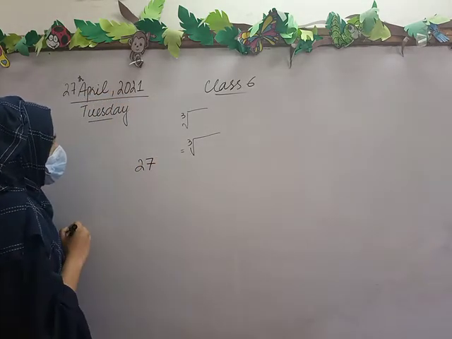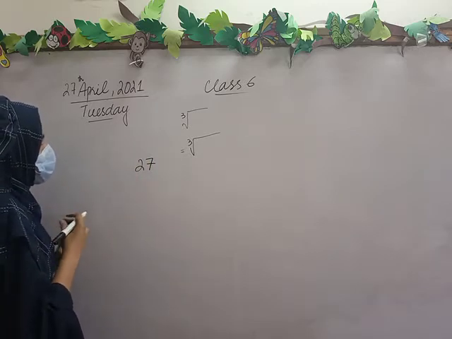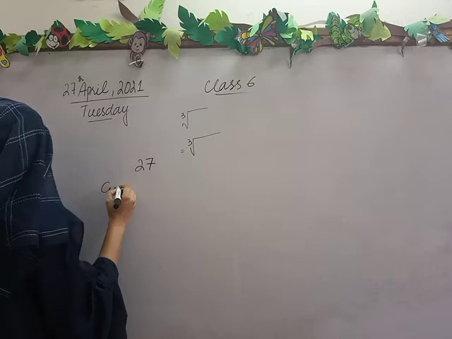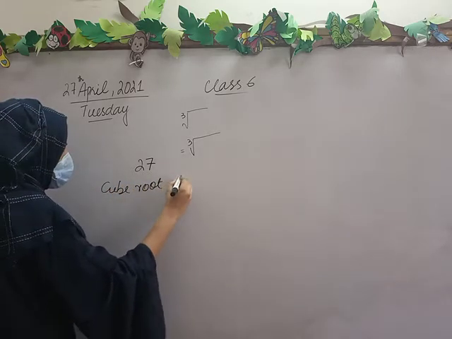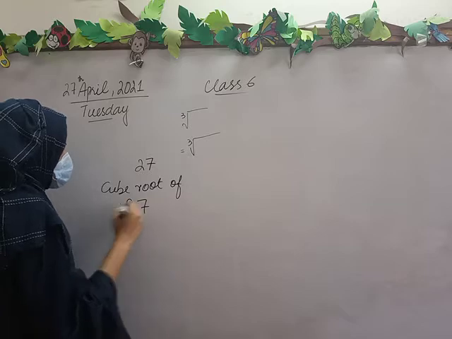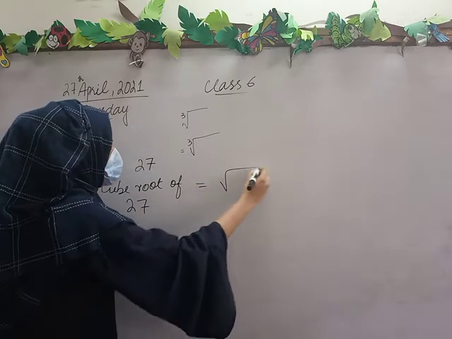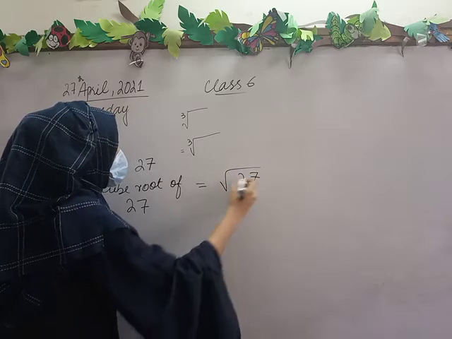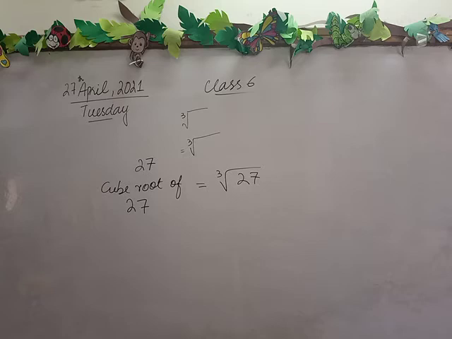If I have a number which is 27 and I want the cube root of this, first of all I will write cube root of 27, fine, which is equal to cube root of 27, like this.